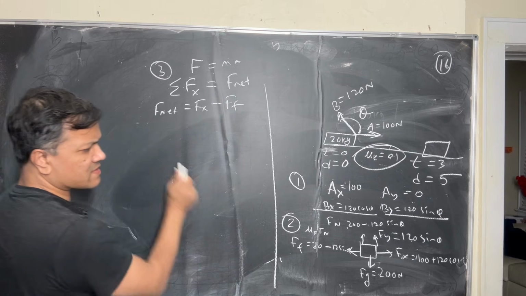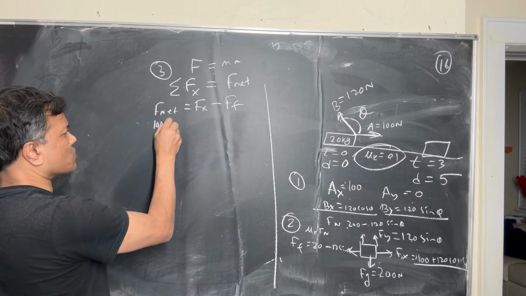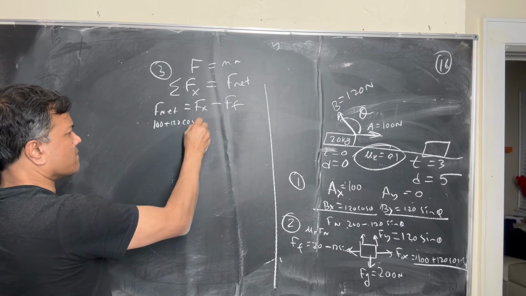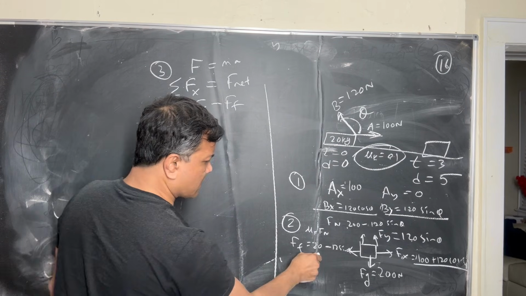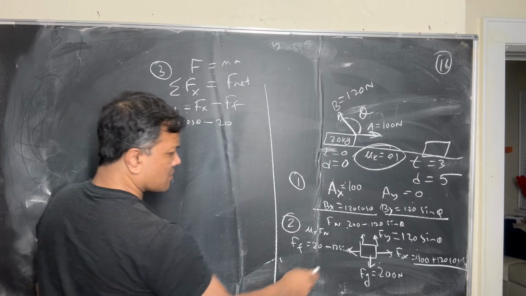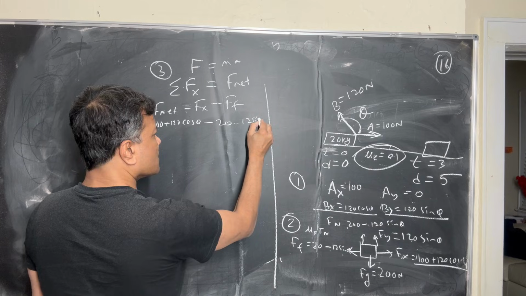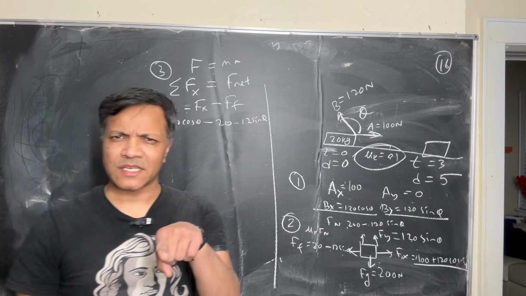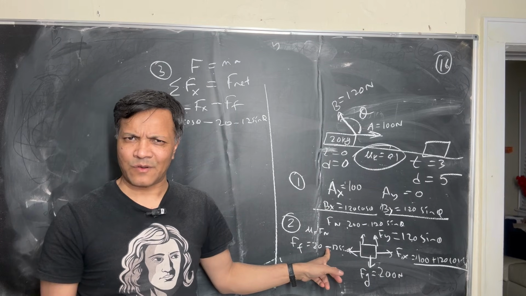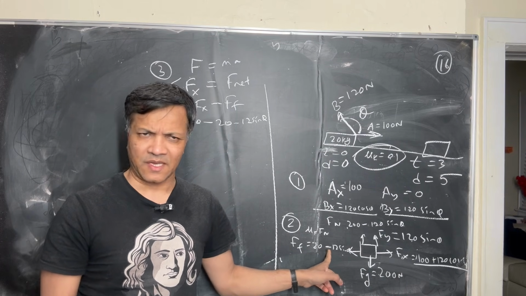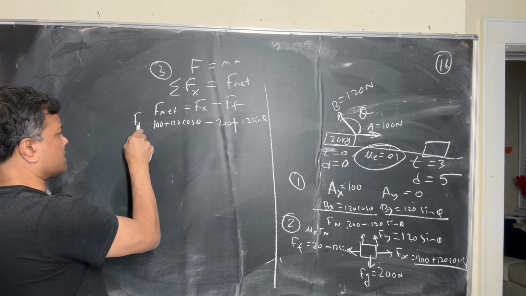What is Fx? 100 plus 120 cosine theta, minus 20 minus 12 sine theta. You notice I made a mistake intentionally, to put emphasis on forgetting to distribute the negative sign. So this is our F net.